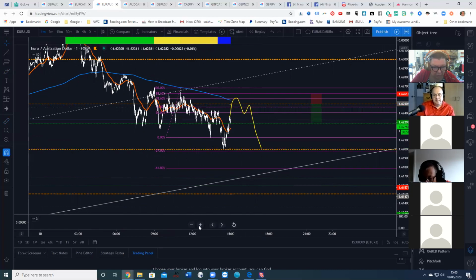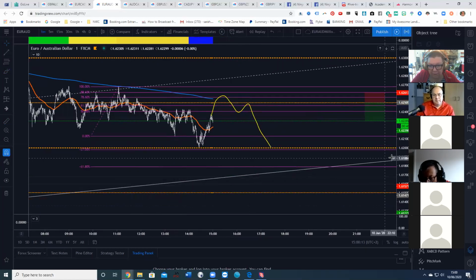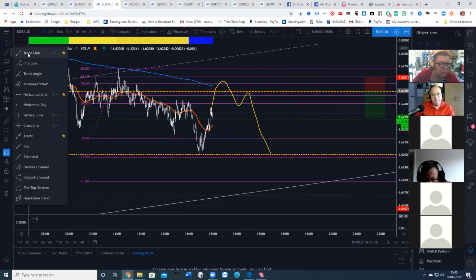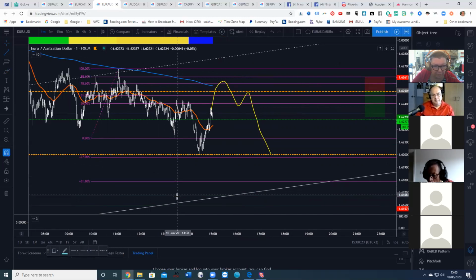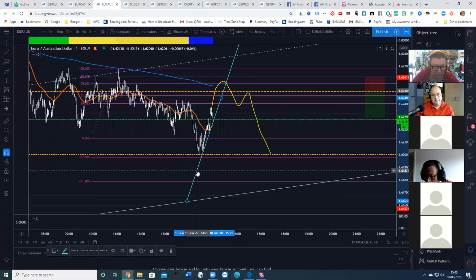So you can also put on your 1 minute trend line and see when it breaks that. And it should shoot up just before the hour.